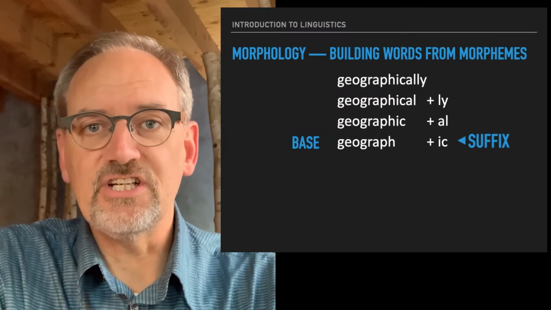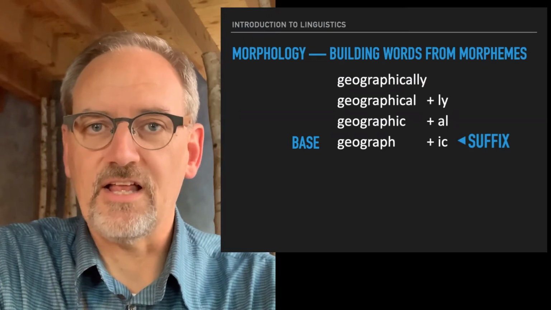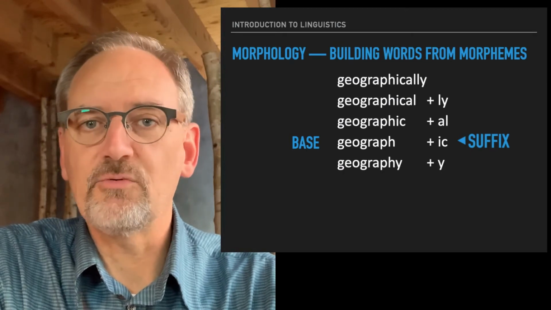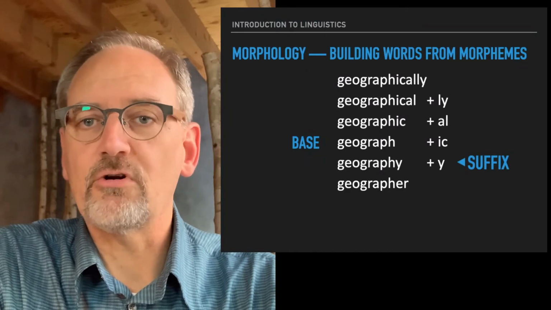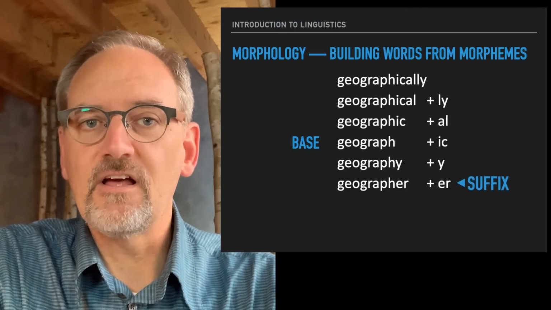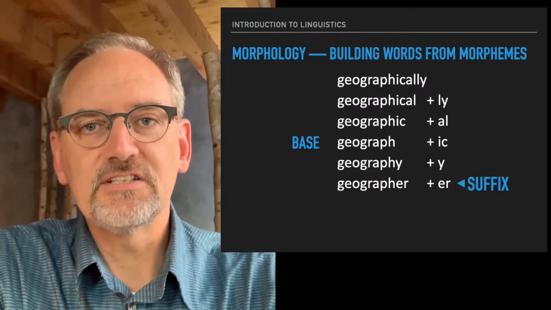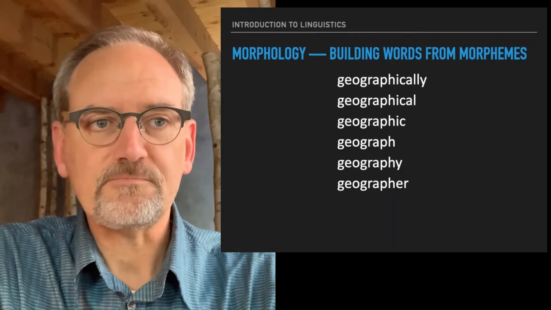Now, we see geograph, the morpheme, appear in other words with other suffixes. For example, the word geography, right, with the suffix y, or geographer with the suffix er, right? These are words built with the base geograph, despite the fact that geograph is itself not a word.